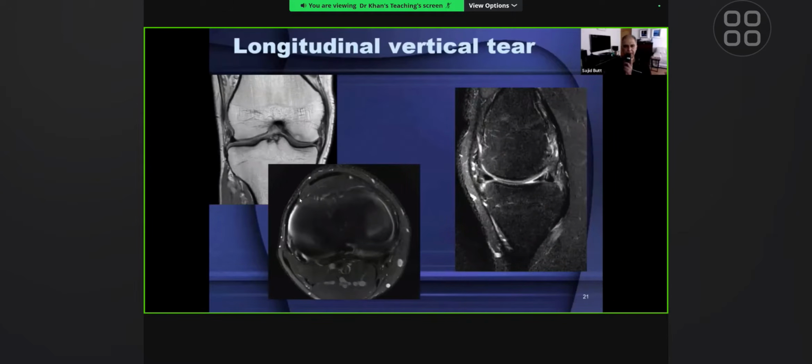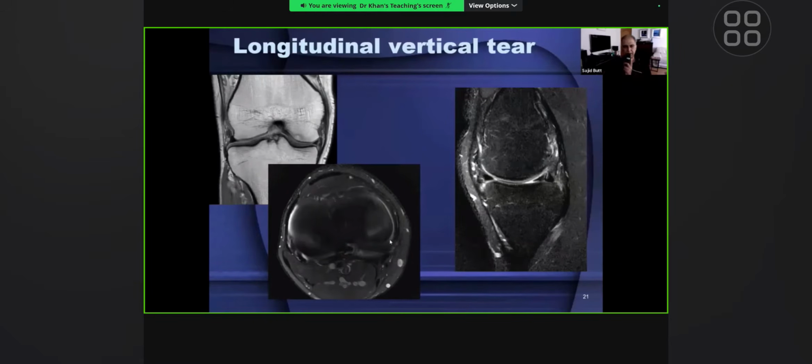That's a nice example. This is an axial image, the same sort of image that we saw at the start of my talk when we were trying to remember the mnemonic, which describes the structure arrangement on the upper tibia. That's the front, that's the back. That's the medial side, that's the lateral side.